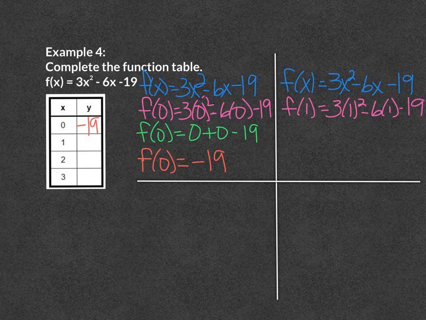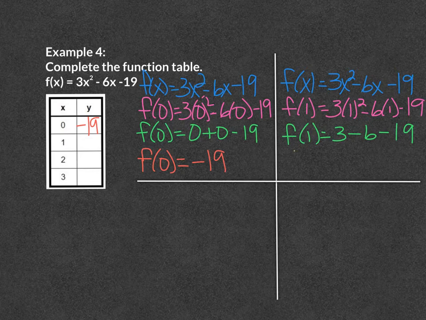So I have f of 1 equals 1 squared is 1 times 3 is 3, and then minus 6 times 1 is negative 6. Bring down negative 19.